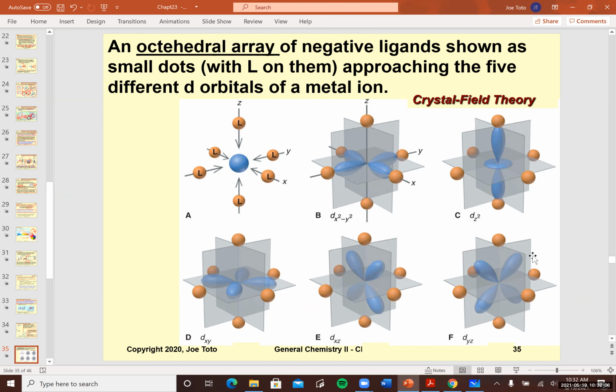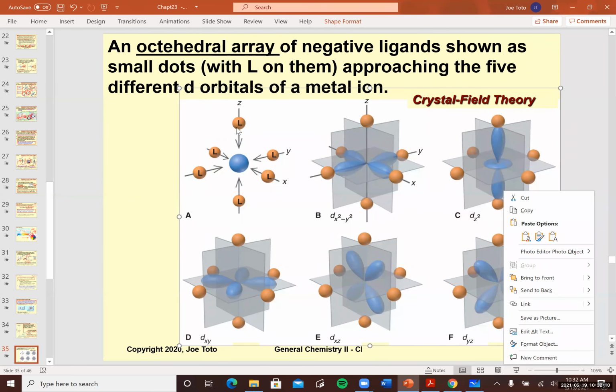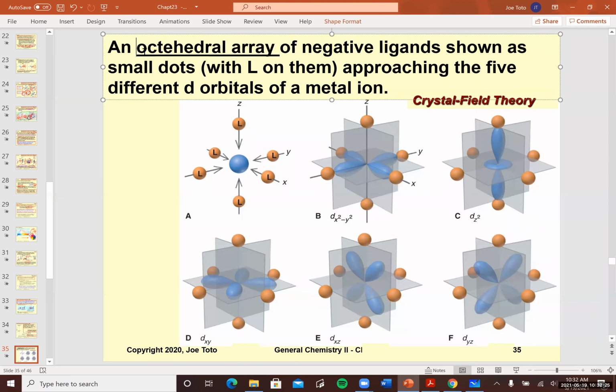this picture here, and what this first diagram shows is a complex that's formed into an octahedral. So crystal field theory is specific to the geometry that it's applied to.